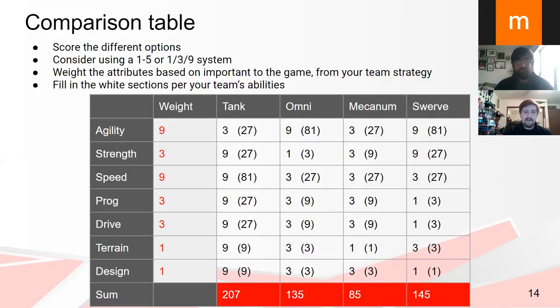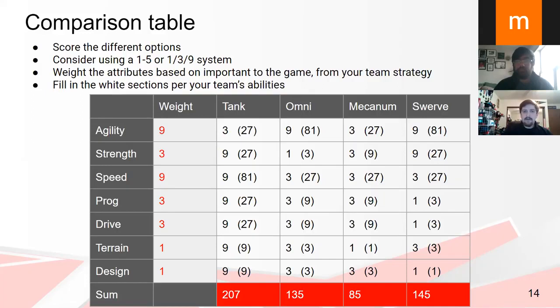Basically what you do is you take the weight and the score, multiply them together, and then add everything across all of the categories. Whichever design has the highest number, based on your weights and what criteria are important to you, is the design that is most optimal for you.